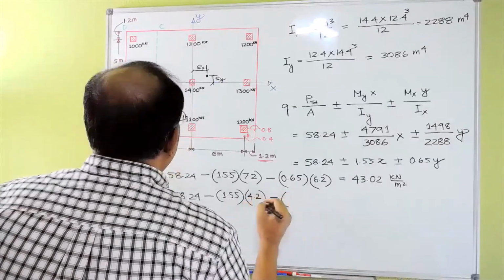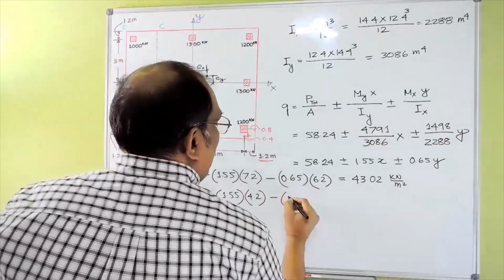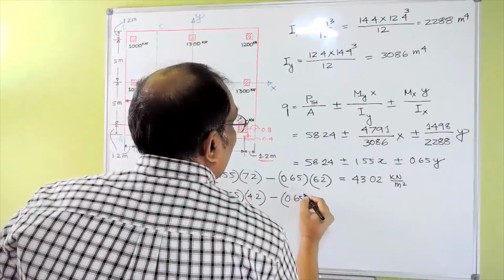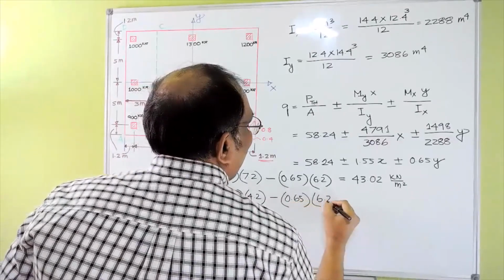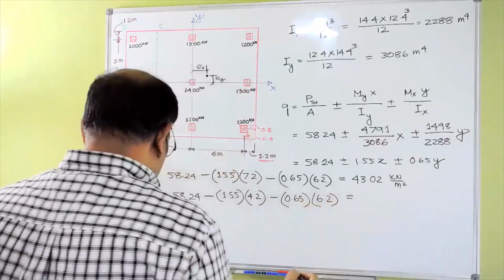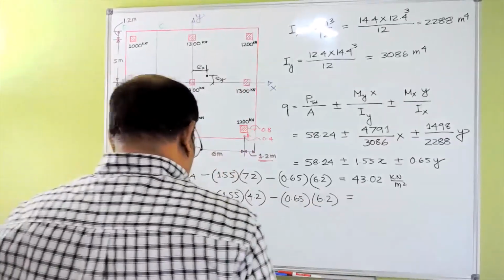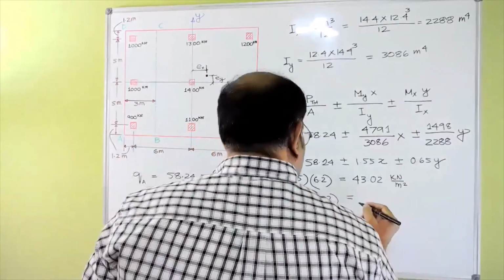Minus, for Y, that will remain the same. So that's basically 47.67.